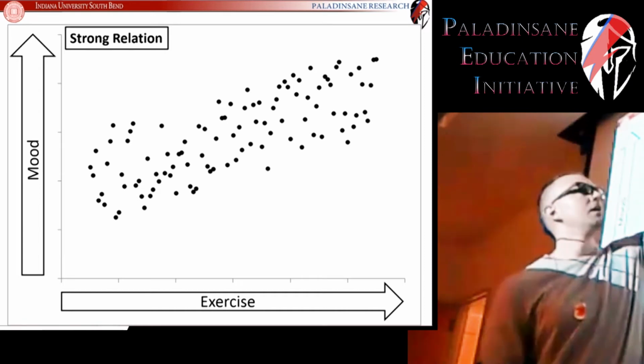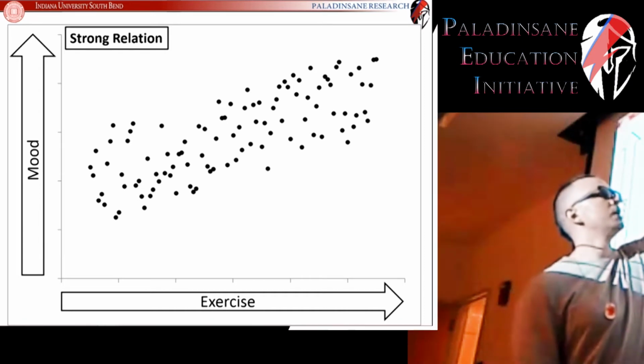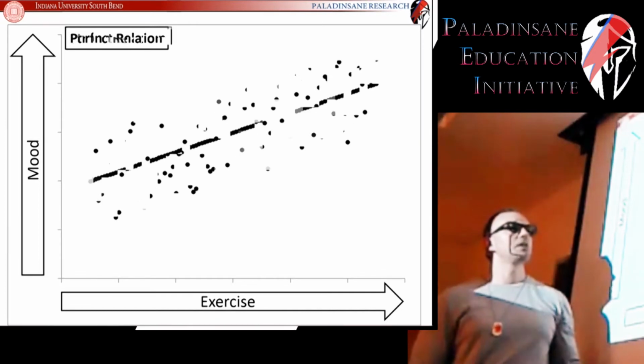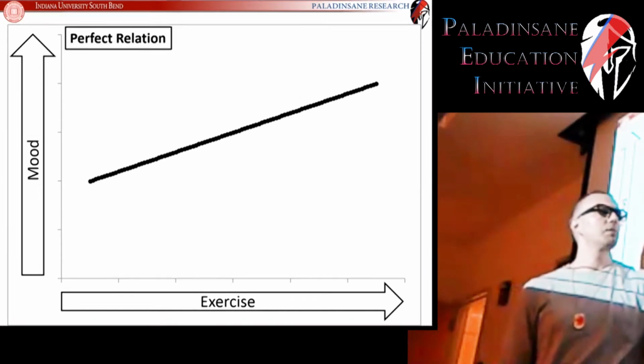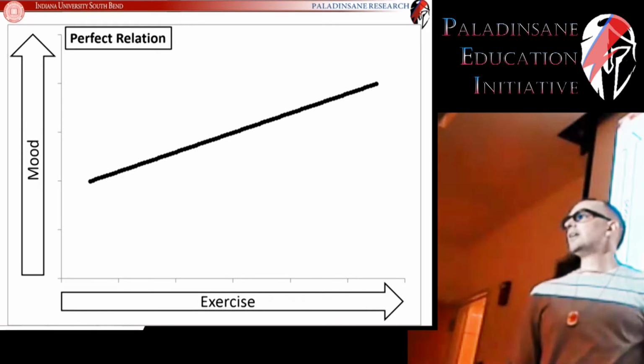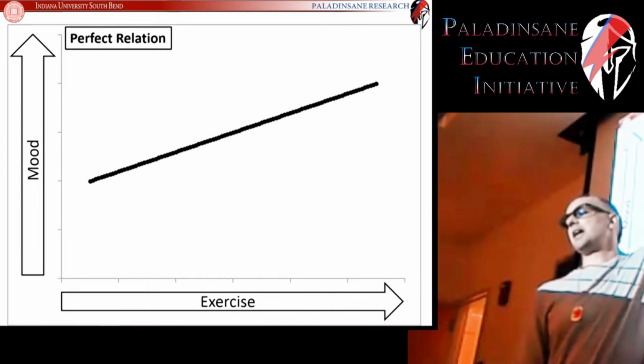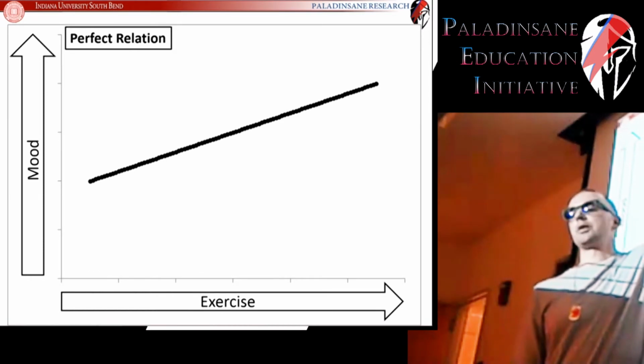They'll probably have a highly positive mood, but it's going to be within a range. That can happen. This almost never happens, where you can tell somebody, oh, somebody exercises 5 hours a day, and that person has exactly that level of positive mood, and no other level but that.